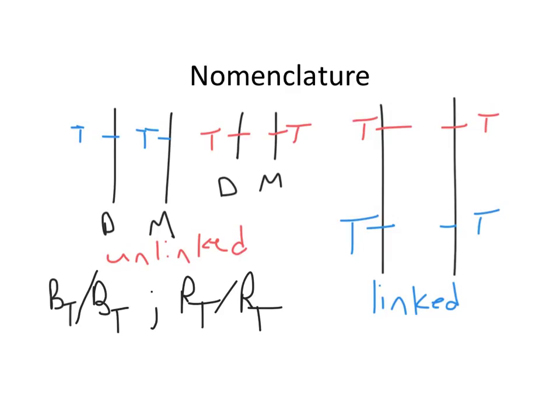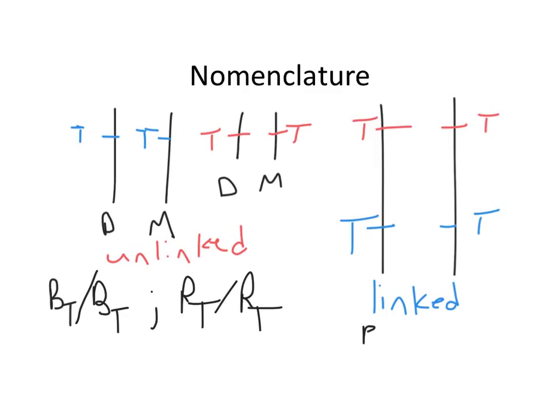Now the point here is that we change nomenclature when we deal with linked genes, because on the right, as we drew it, it's just one pair of chromosomes. So what symbol is not going to be in the genotype? If it's only one chromosome, we're not going to be writing any semicolons, because we're not talking about multiple chromosomes. We're just talking about one pair of chromosomes. So how do we write the genotype on the linked side?